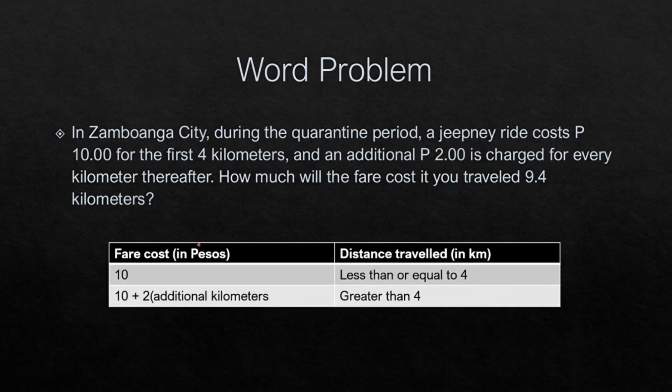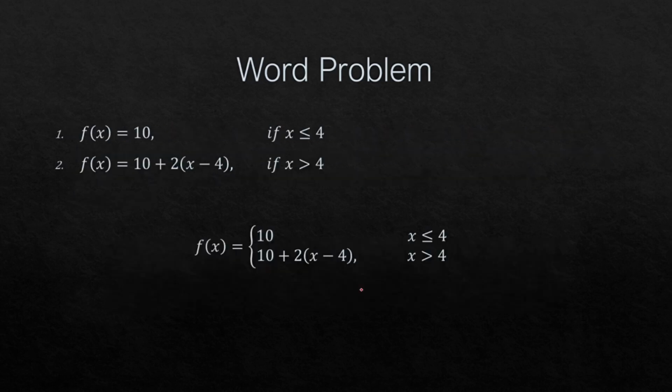So, ang fare cost, alam natin, 10 pesos lang ang price ng fare if you travel less than or equal to 4 kilometers. So, dadagdag yan ng 2 pesos for every additional kilometer kung mag-exceed ka na ng 4 kilometers. Gets?